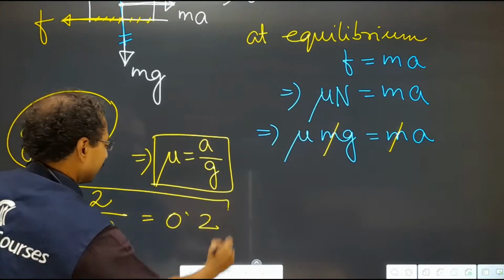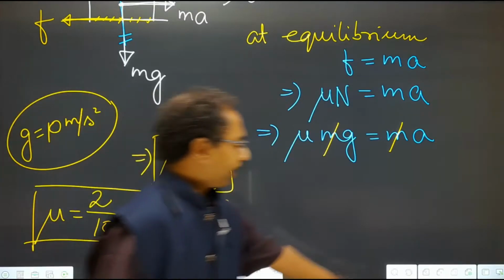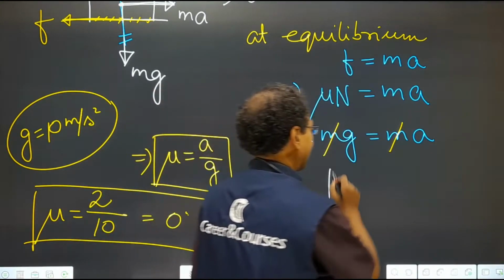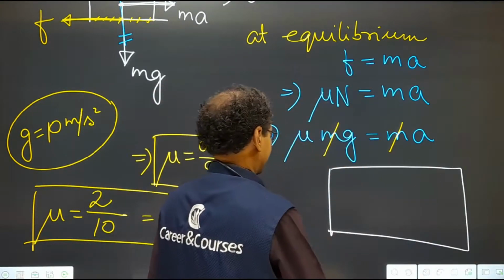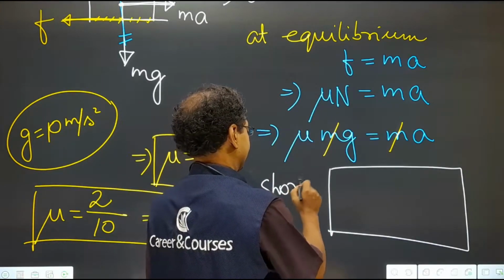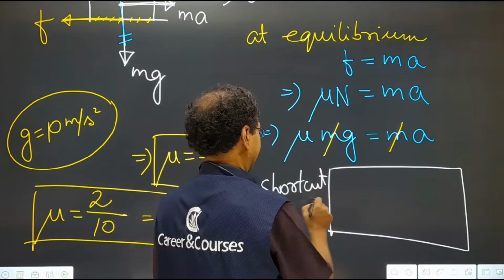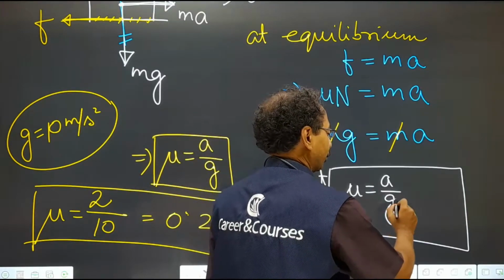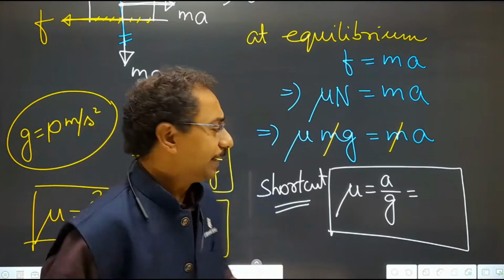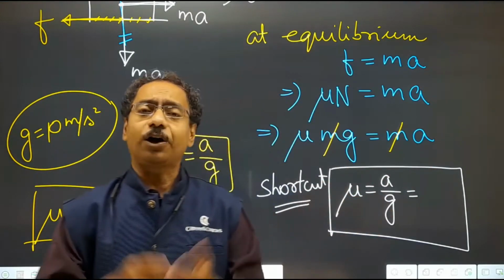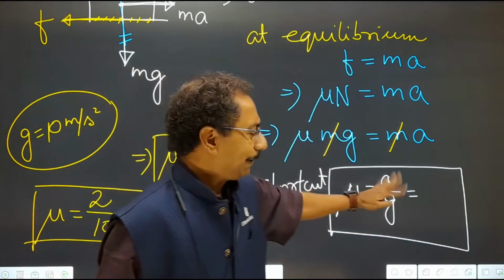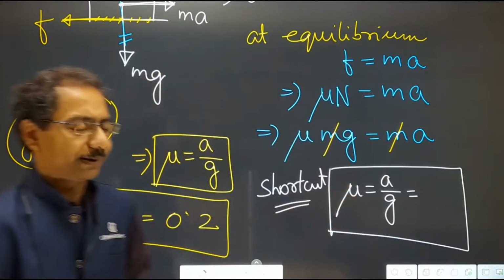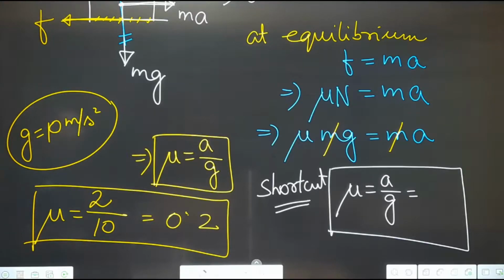We have told this shortcut earlier: for any moving body which is moving along a straight line, the shortcut trick we can apply without doing the numerical. We can apply mu equal to a by g. So by any means, you calculate the acceleration or retardation of the body, divided by 10, divided by the acceleration due to gravity, and you will get the value of mu.